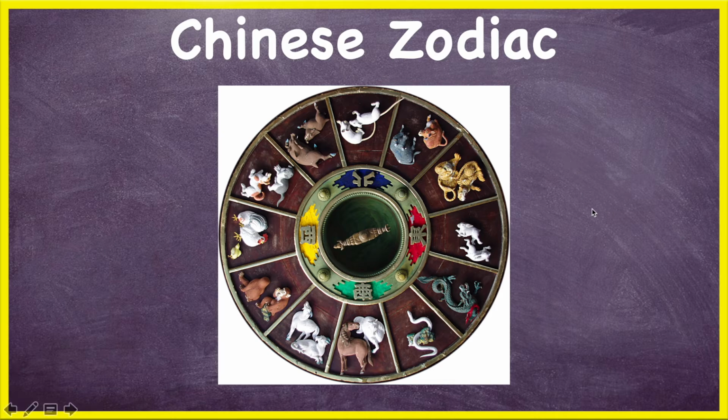So, for example, I was born in 1985, and so my animal is the ox, right? And so every 12 years, it's the year of the ox. The year of the ox comes around, and it's supposed to be your lucky year, right? But every year there are new things that are supposed to happen in your life, depending on which animal in the Chinese Zodiac you belong to, right?